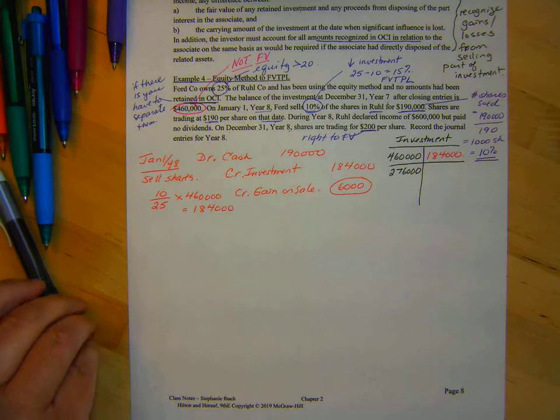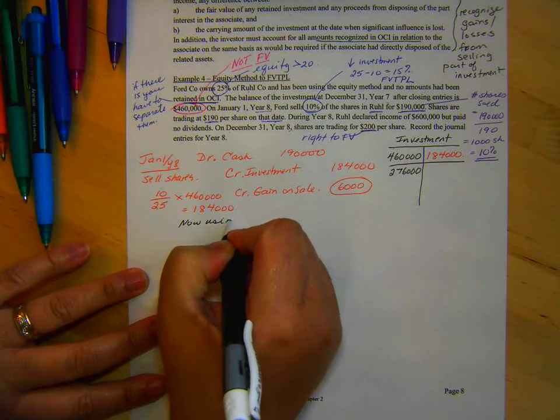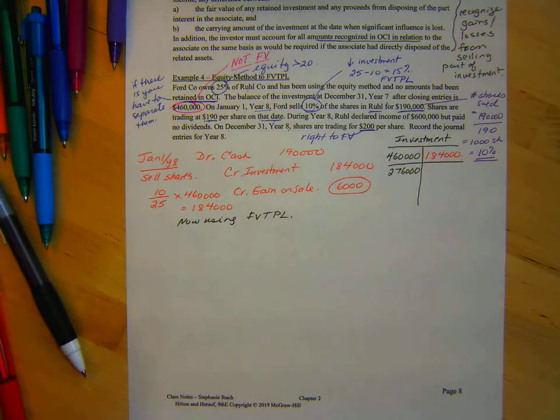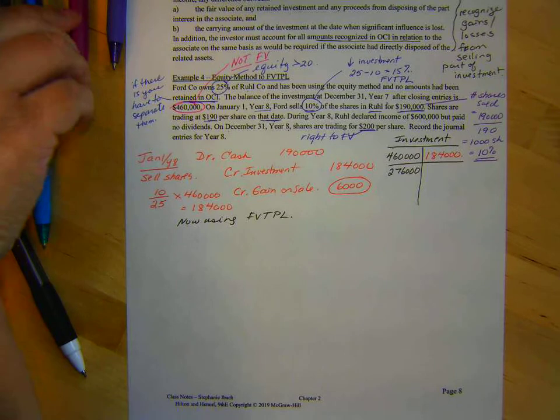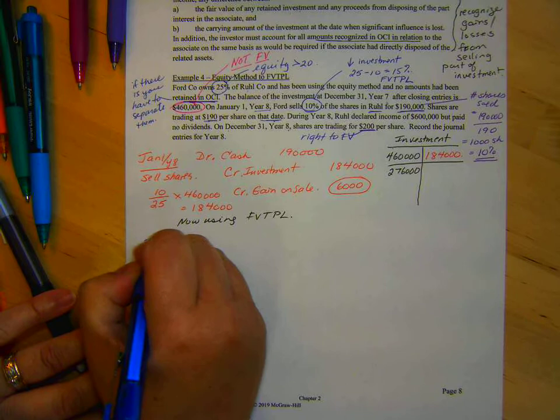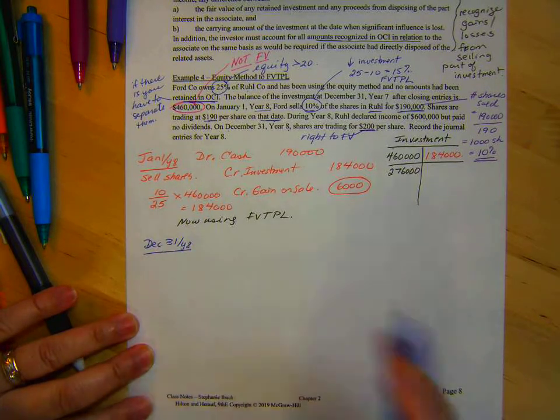So what method are we now using? Fair value. So let's figure out what entries we have to do at year end. Well, what's happened during the year?